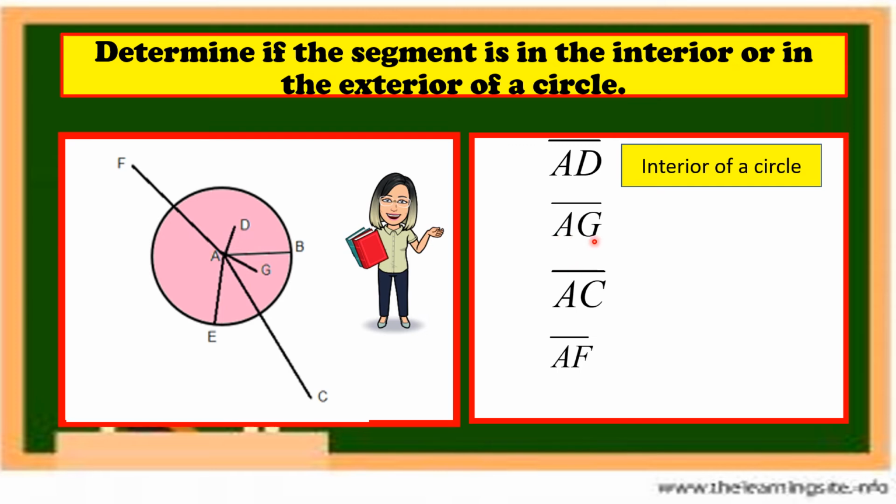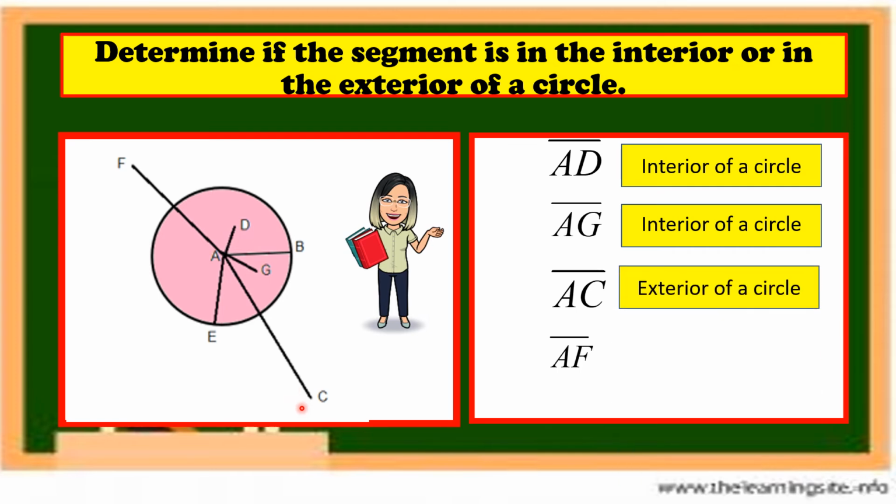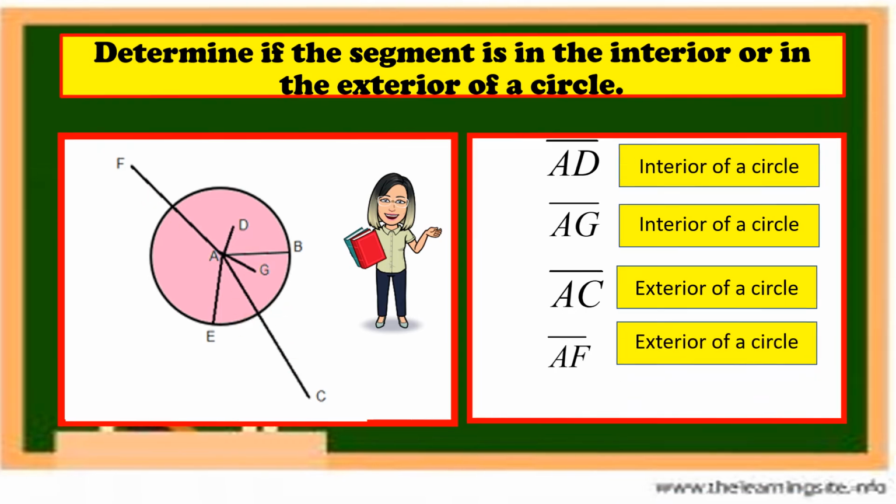We have segment AG. Segment AG is less than the radius, therefore it is in the interior of the circle. We have segment AC. It is more than the radius. Therefore, it is in the exterior of a circle. We have segment AF. It is more than the radius.